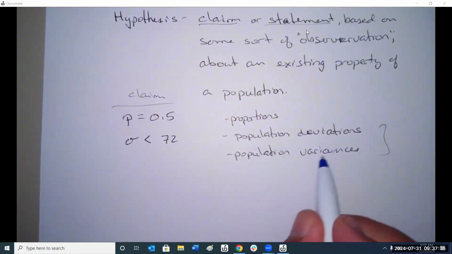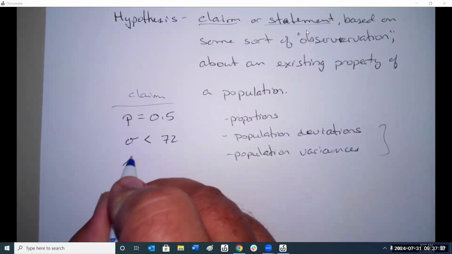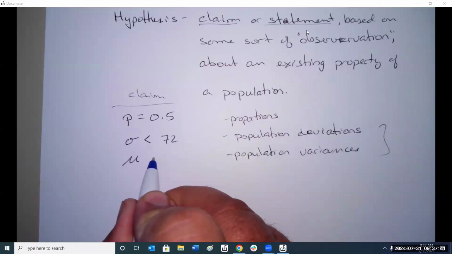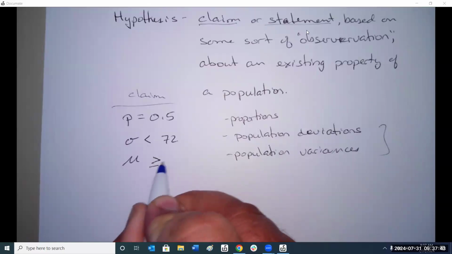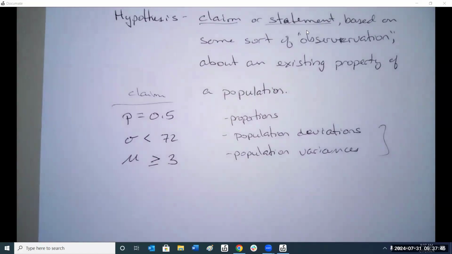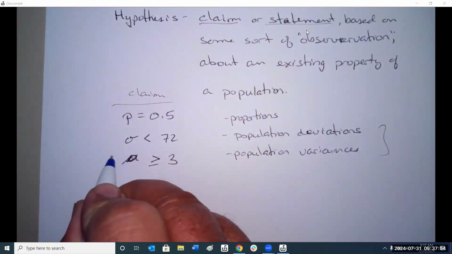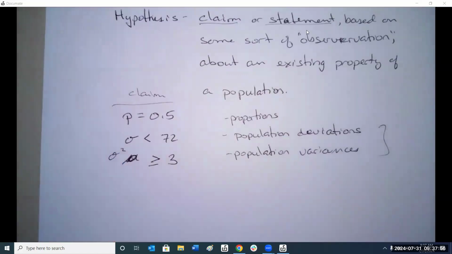And the population variance, we could say that's bigger than that.